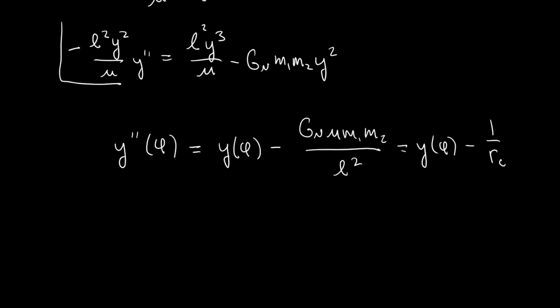I'm going to rewrite 1 over our circular orbit radius as y_c. Again, just to sort of make life a bit easier. And actually I dropped a minus sign as well. So this should be minus, this should be plus, this should be minus, that should be plus. You see why earlier I didn't want to introduce spurious minus signs when I didn't need to, because I drop them all the time.